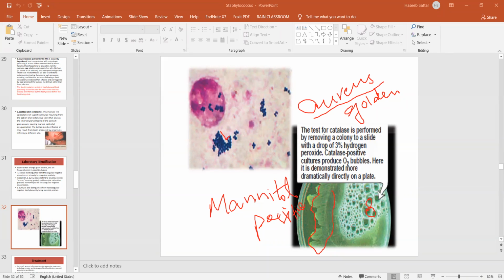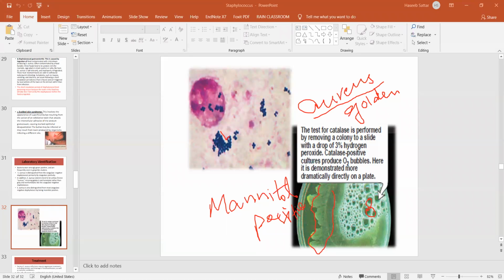When we check the pH of the solution or the colony, it is acidic. That is what we call a mannitol positive bacteria, meaning the ability of certain bacteria to ferment mannitol.